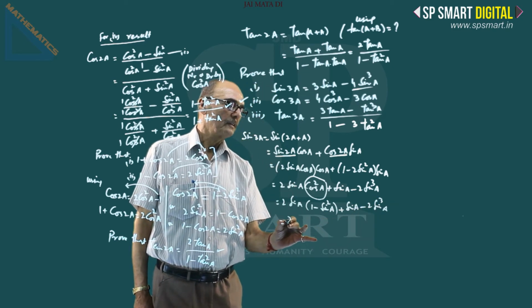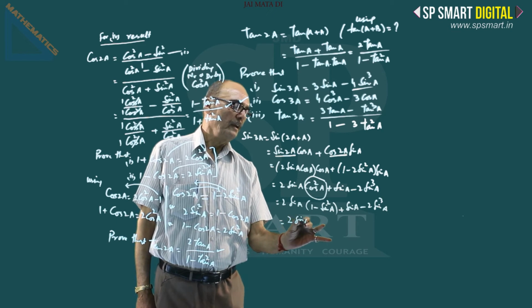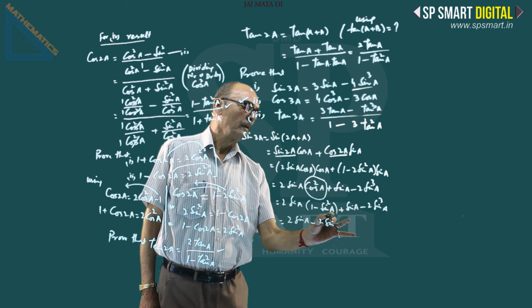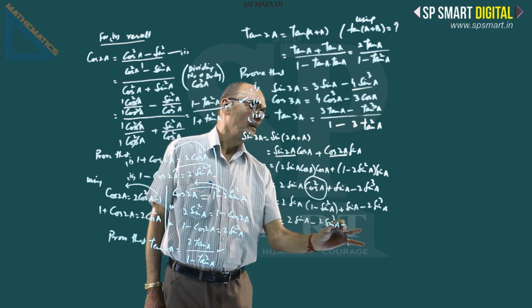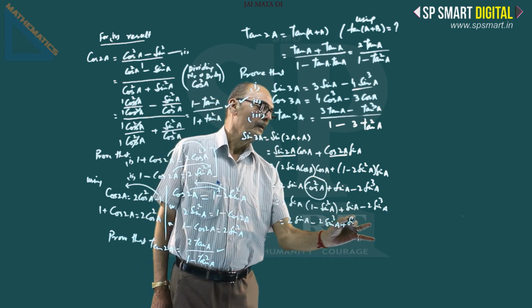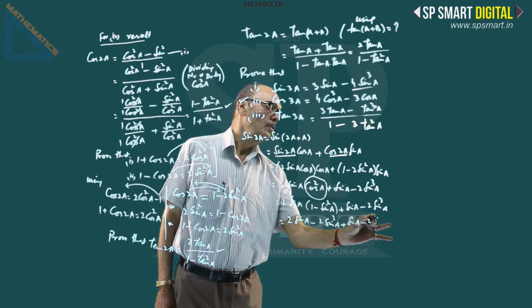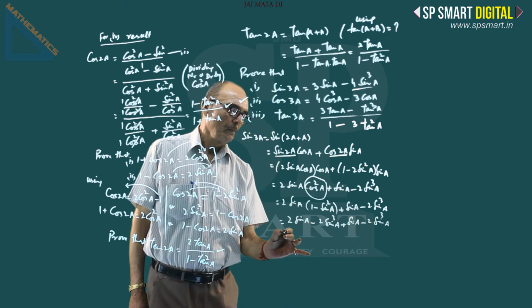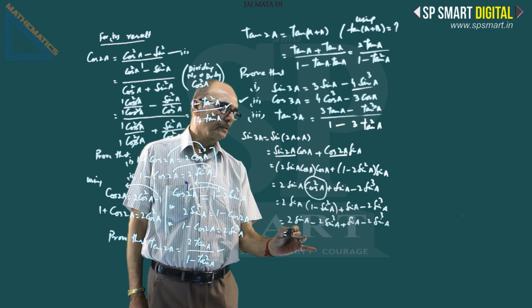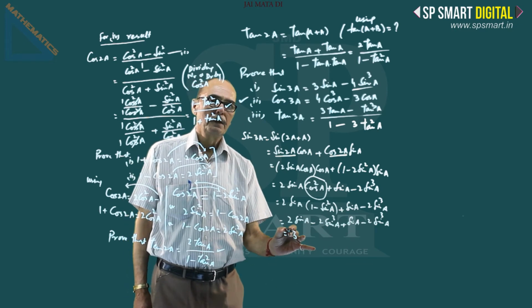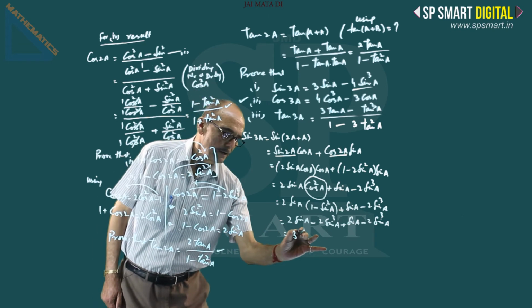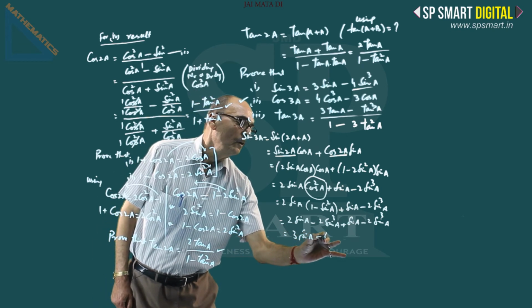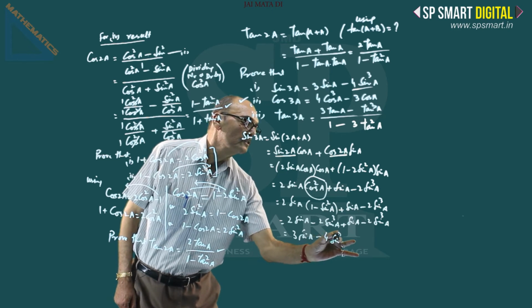So, you will get the result as 2 sin of A minus 2 sin cube A plus sin of A minus 2 sin cube A. This is 3 sin of A minus 4 sin cube A.